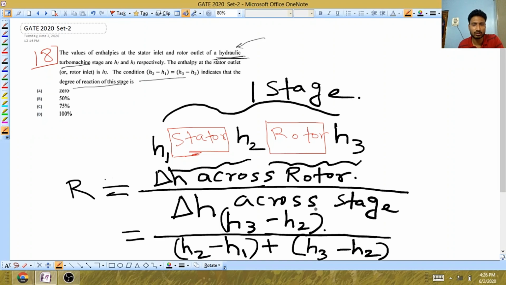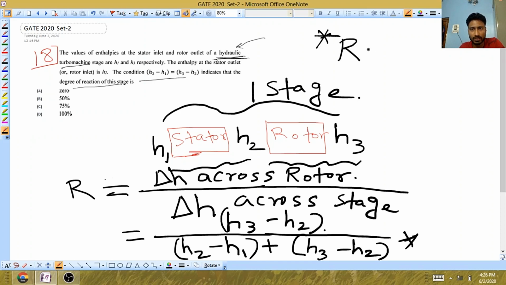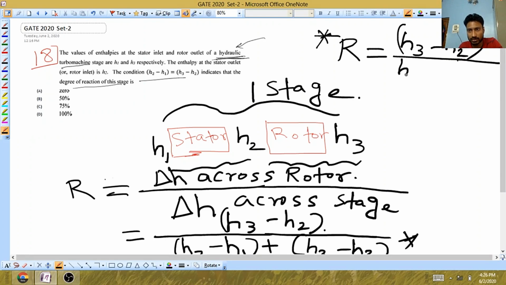So from the given data we can write H3 minus H2, you can keep it as it is, and instead of H2 minus H1 you can write H3 minus H2, because the data is given like that, plus H3 minus H2.